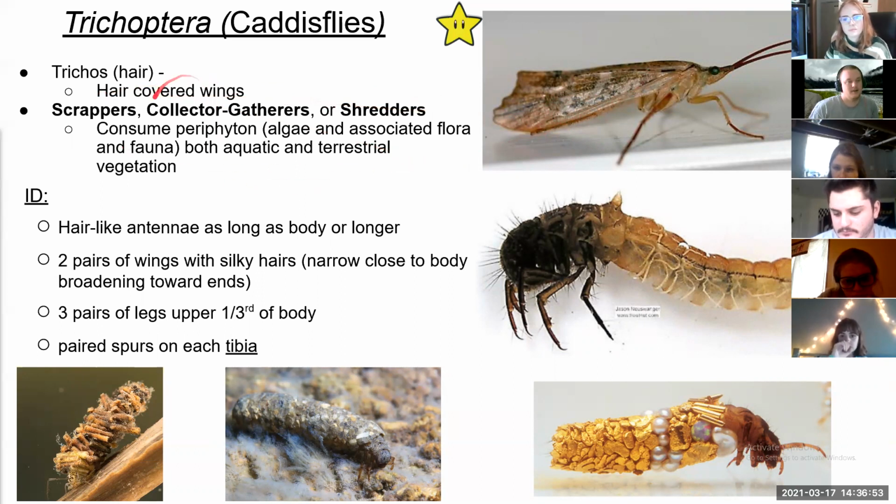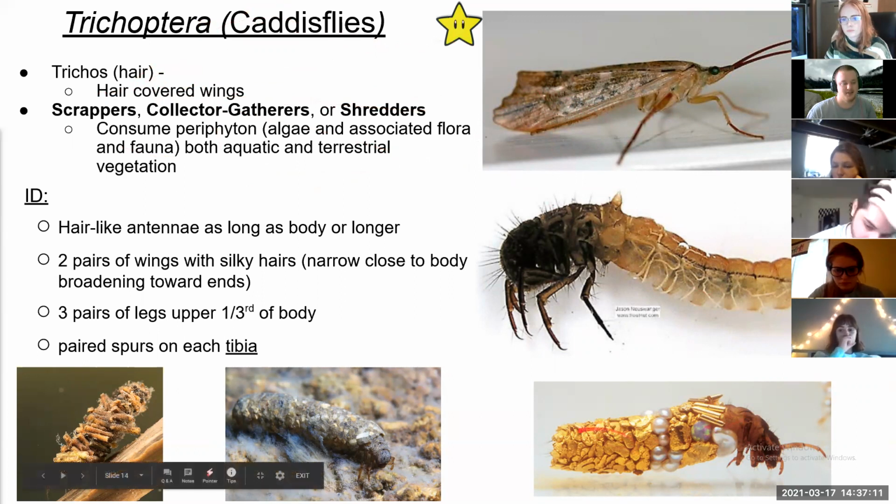Caddis actually comes from an old 15th century word for silk, which would refer to both these silky hairs on their wings, but also the cases they make at their immature pupal stage that are made out of silk.